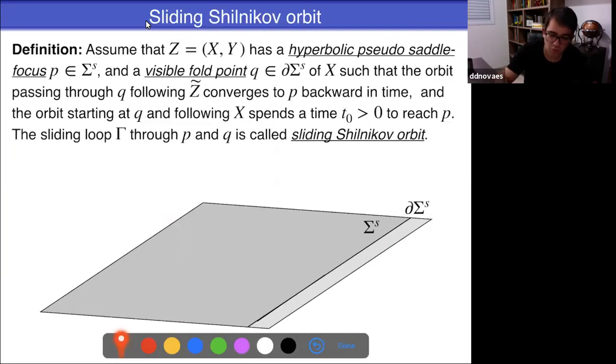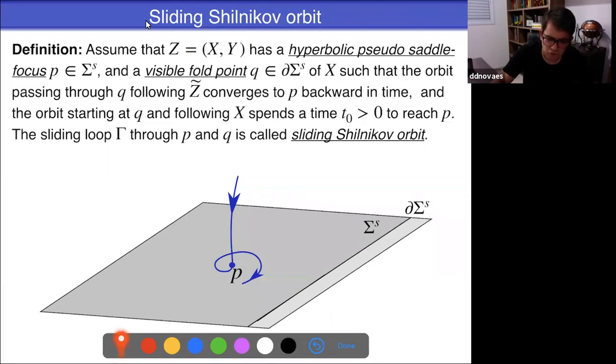Okay, so we assume that we have a pseudo-equilibrium, which is an unstable focus for the sliding vector field. Since P is in a sliding region, we already have an unstable direction. Then the other direction must be unstable in order to get a Shilnikov connection, or something like a Shilnikov connection.